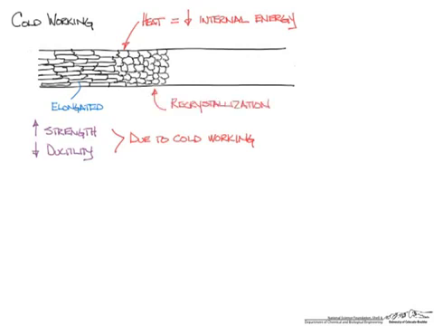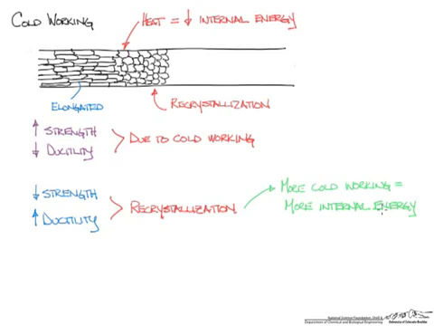During recrystallization, we can anticipate that our strength is going to start to lower, but we'll also see an increase in our ductility. Something important to note with recrystallization is that the more you work a material, so the more you cold work a material, the more internal energy it's going to store.